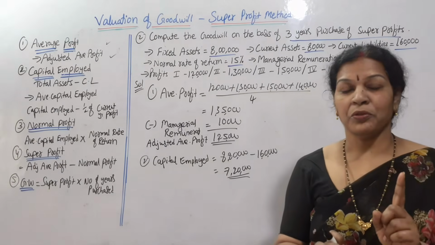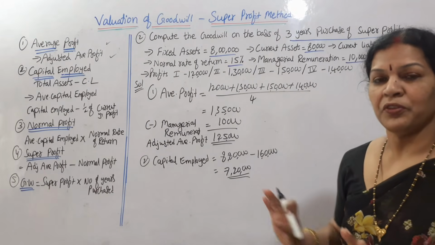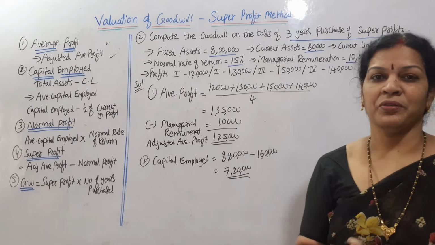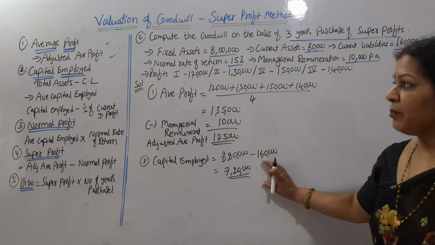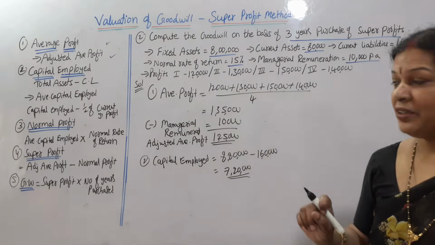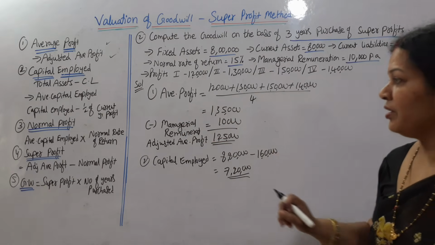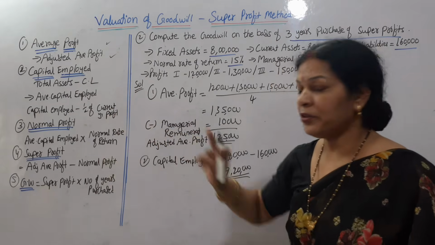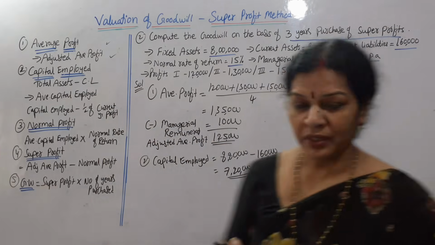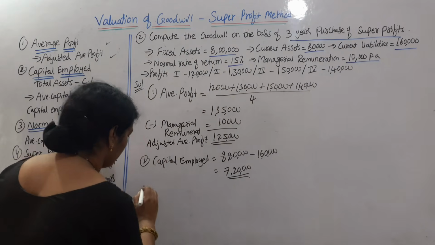In the exam also, even if you are doing it roughly, still check with a calculator to make sure of accuracy. Okay, so capital employed is over. Next, after that, what do we need? Average capital employed. How do you get average capital employed? Capital employed minus half of the current year profit. Okay, average capital employed.